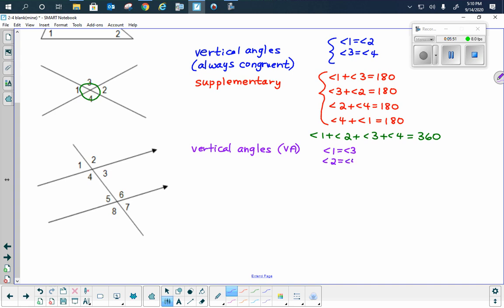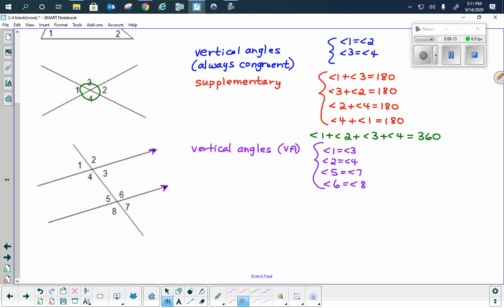Angle 2 equals angle 4. Angle 5 equals angle 7. And angle 6 equals angle 8. Because of these parallel lines, you'll have a lot more of them that are also equal. Okay, but remember, vertical angles are always equal.